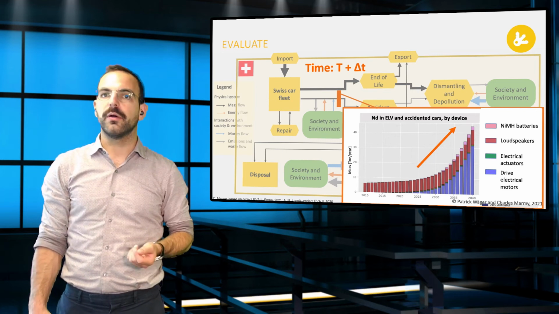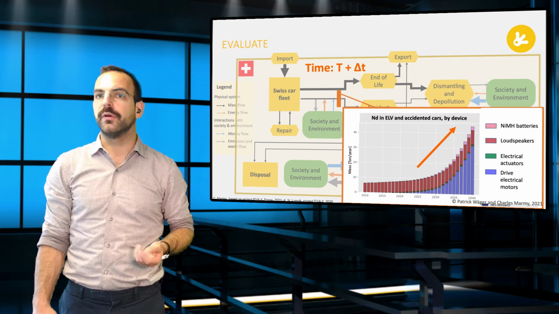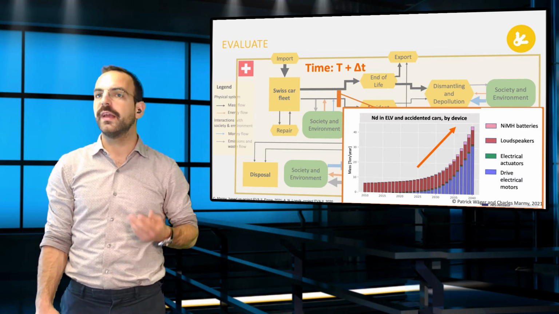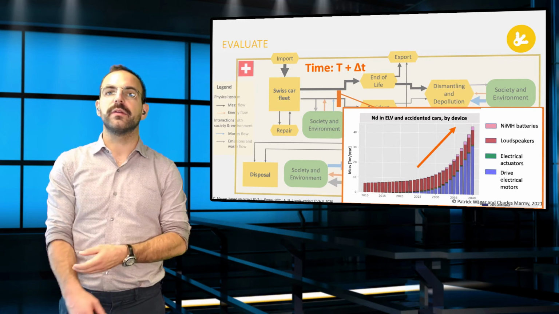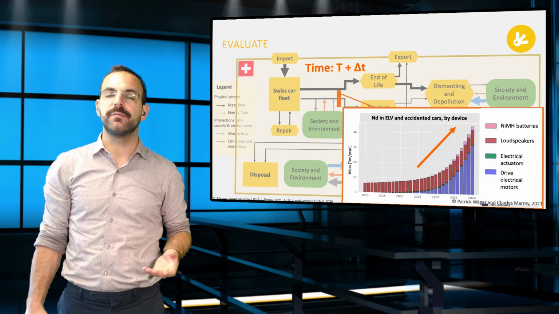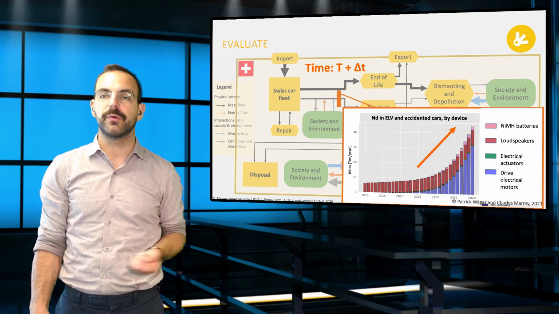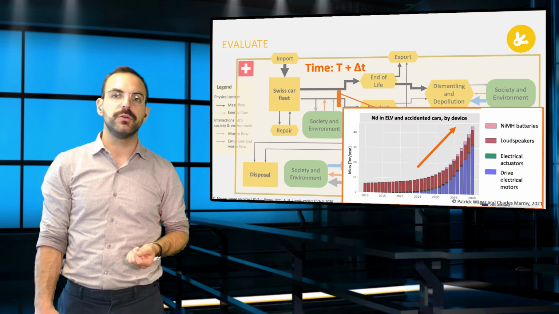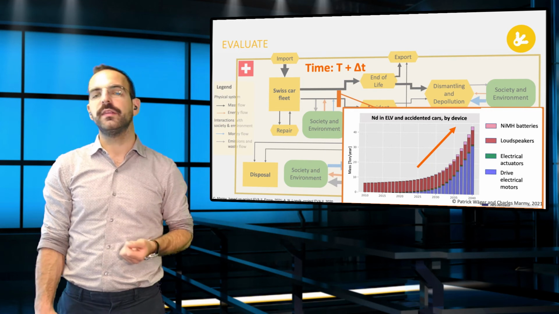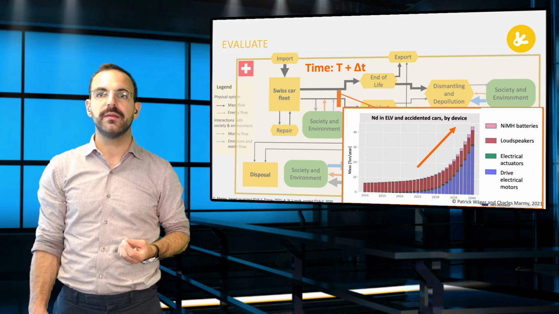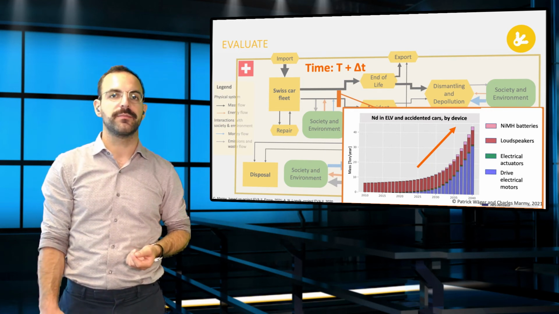So now we would evaluate the results and do the actual characterization. First, we evaluate mass stocks and flows themselves. Here, for example, we see that the amount of neodymium in accidented and end-of-life cars will increase in the near future due to rapid electrification of the fleet.